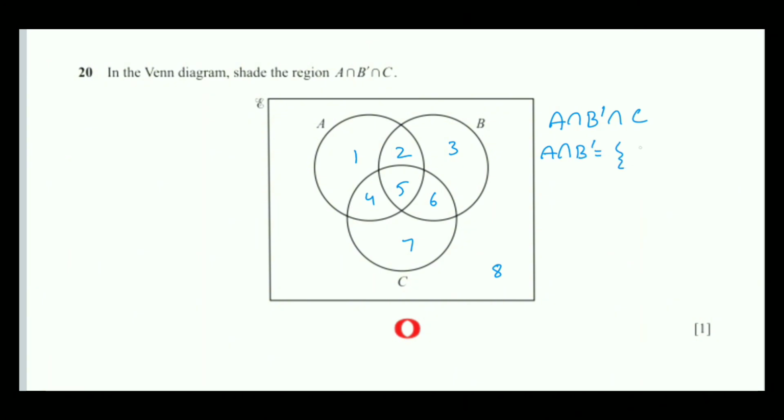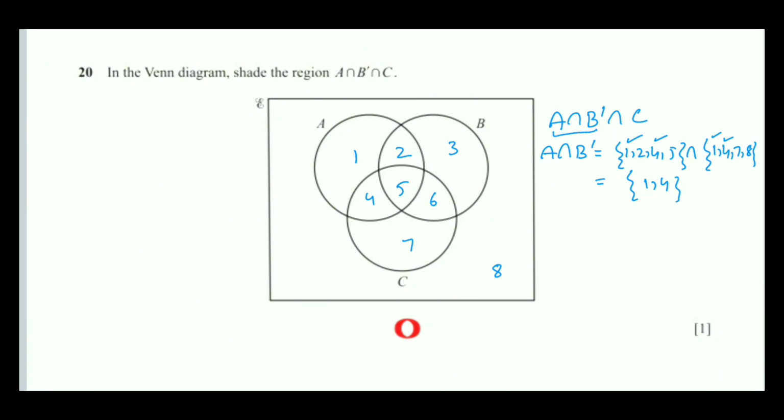The elements of A are 1, 2, 4, 5. Intersection B complement means not B, so 1, 4, 7, 8. Intersection means the common elements are 1 and 4. A intersection B complement is done.